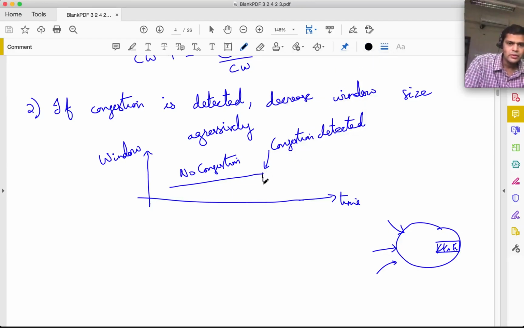For example, you decrease the congestion window all the way to 1. That's one way to do it, and otherwise some people suggest that at least you make it half. Okay, so these are the ideas that were proposed.